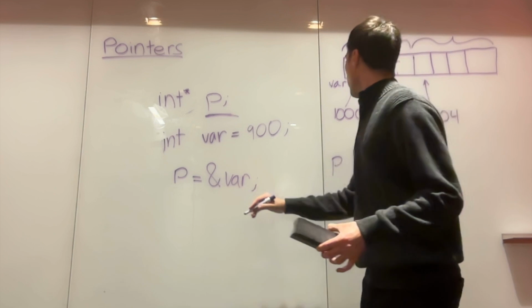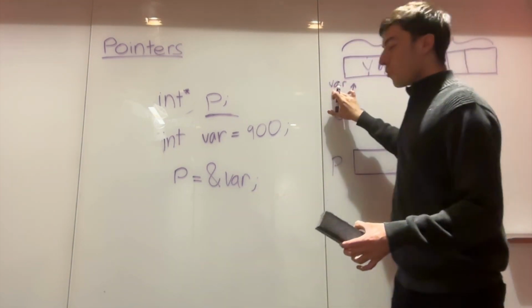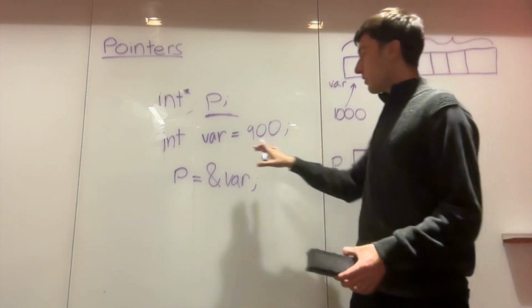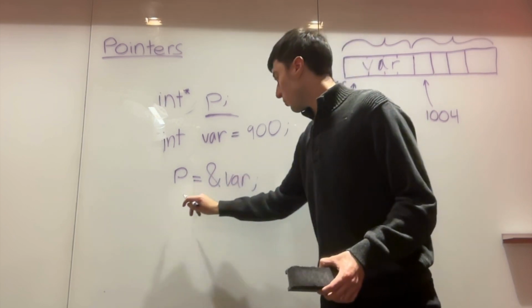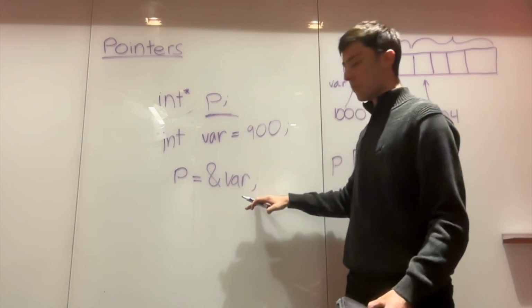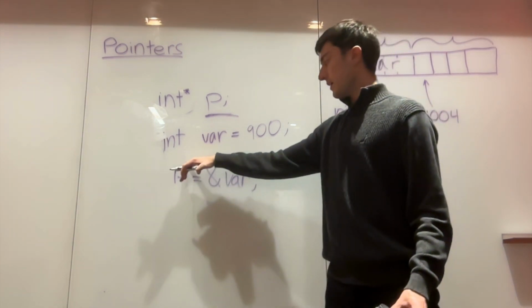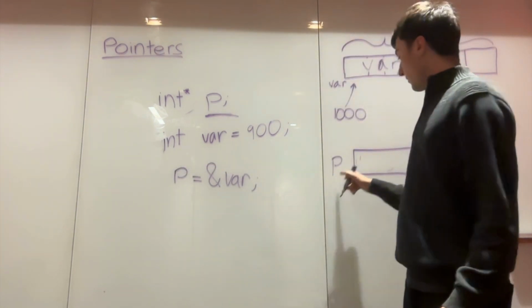Okay? So what's going to happen when this line of code is ran? It's going to look for var. Bam! I found it. Here it is. Well, where does var live at? It lives at 1000. Okay? So return 1000. So what's going to happen is this is going to evaluate. This right here is going to evaluate to 1000, and then it's going to be assigned to the variable p. So here's p. It's a variable.